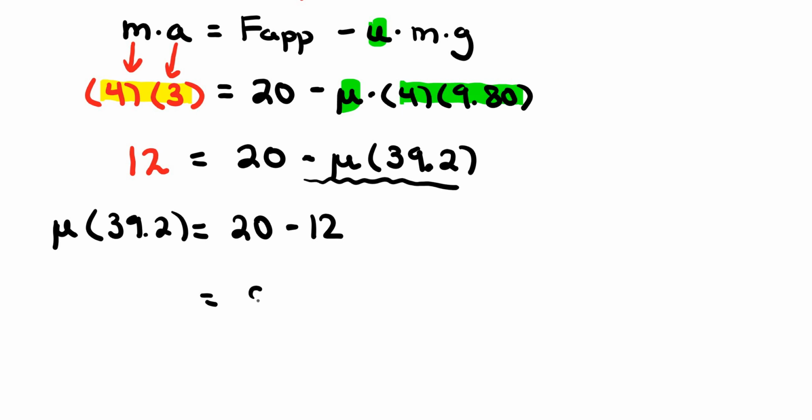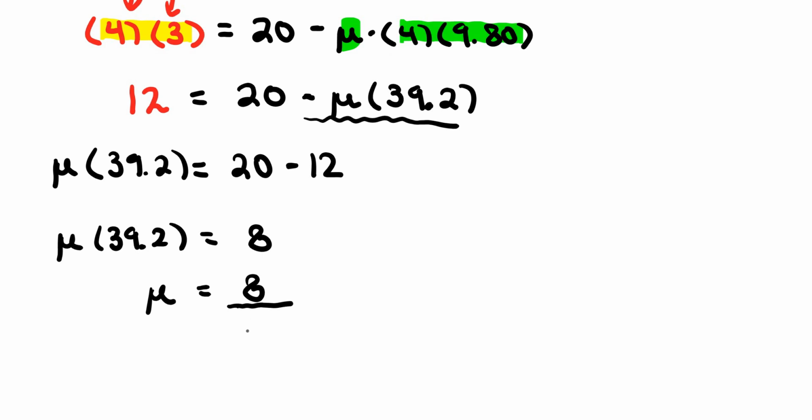So 20 minus 12 is going to be 8, and then we have the u here, so 39.2, and then we can simply divide both sides of the equation by 39.2. And if I divide that by 39.2, we should get a value of 0.204. So there is your coefficient of friction, and there's no units for that.